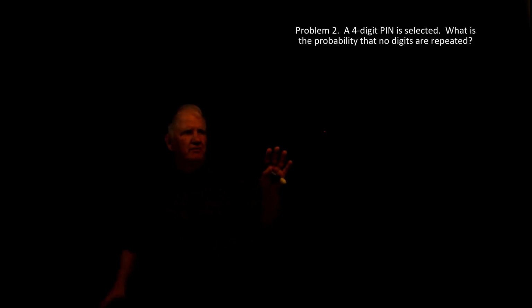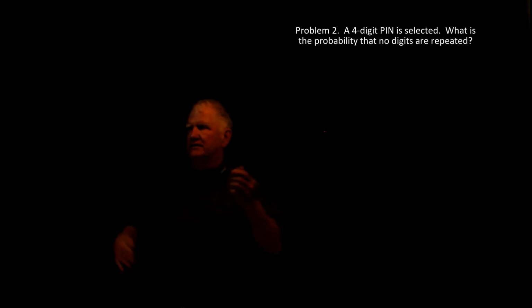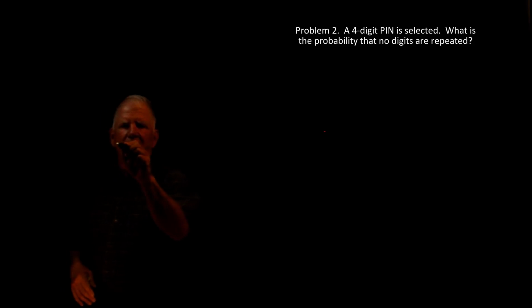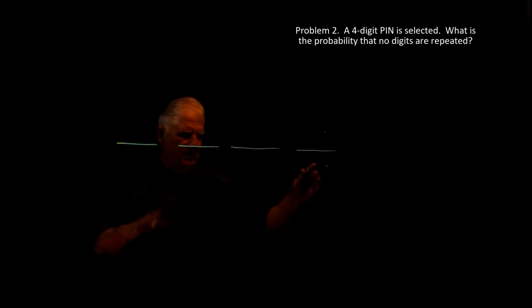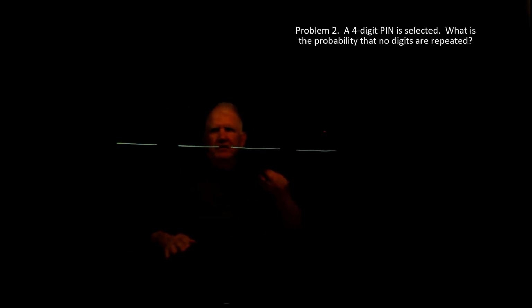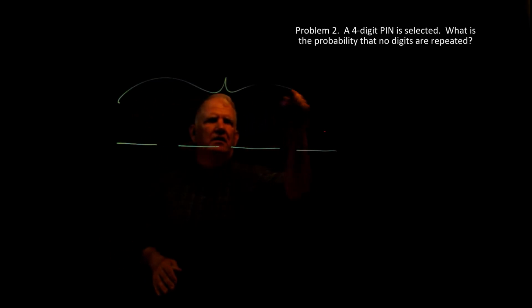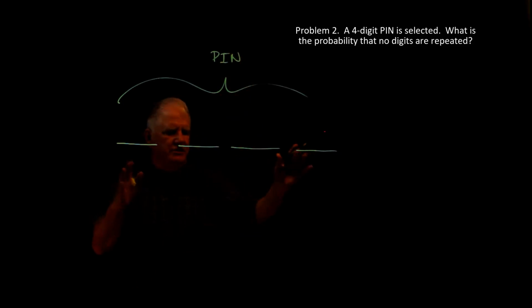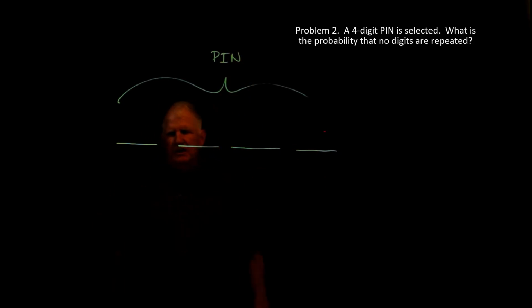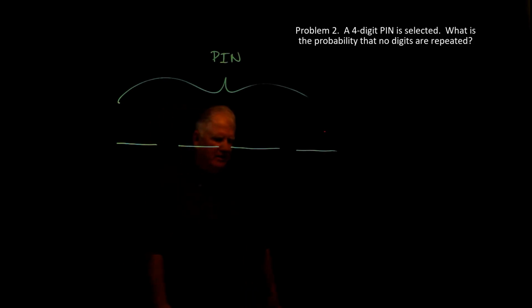And frequently problems like this in probability lend themselves to the idea of thinking in terms of slots. I'm going to call this PIN 4 digits. I've got 4 slots to fill, so let's think a little bit about that.